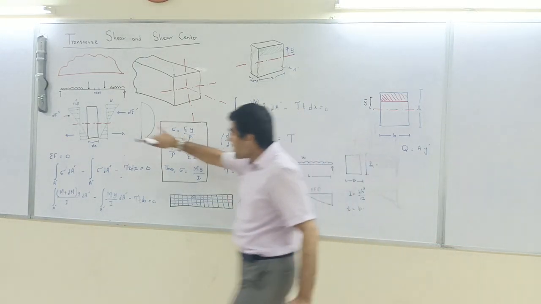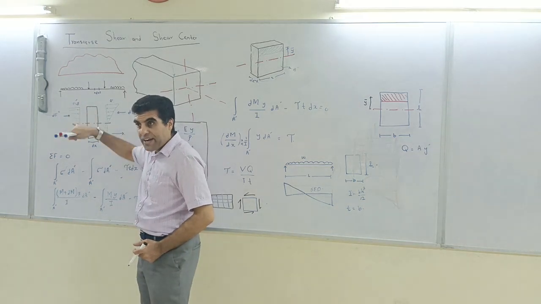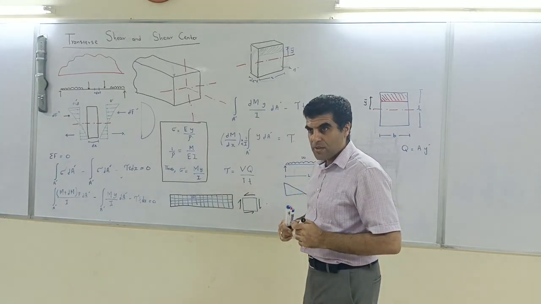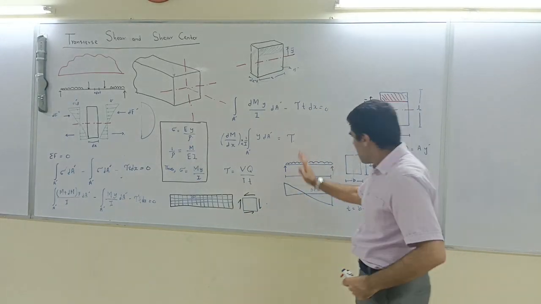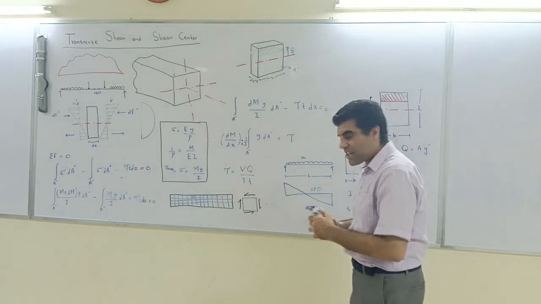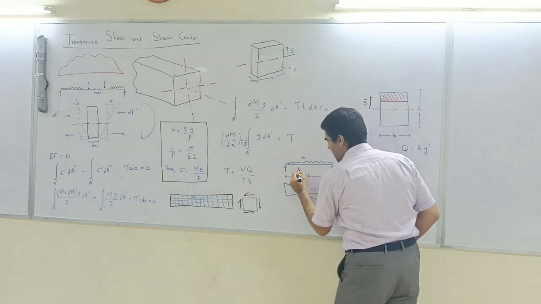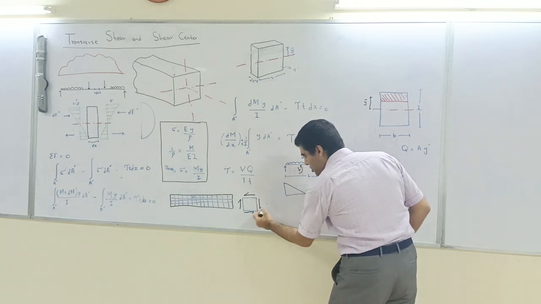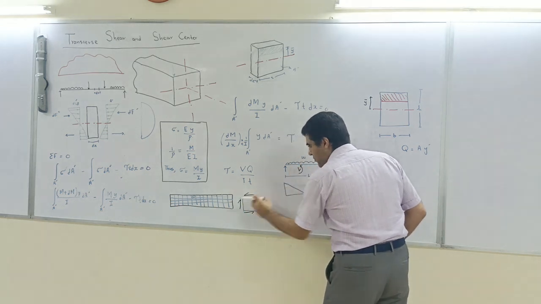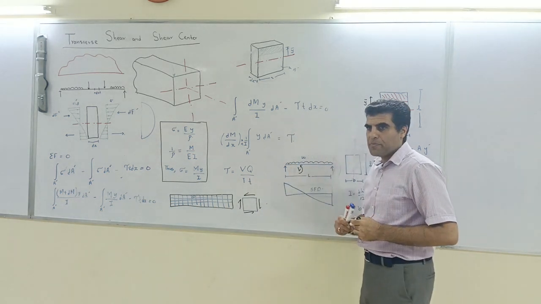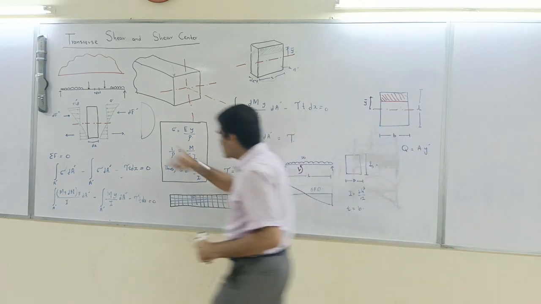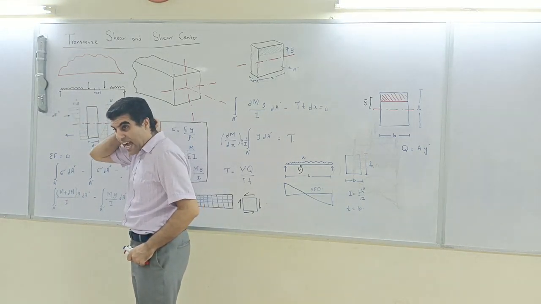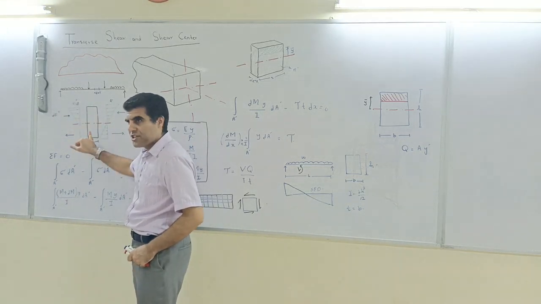This is the horizontal shear, and on the cross section, based on equilibrium, we have a vertical shear. In your mechanics of solids course, you would cut a section, and on the section you would say that there is a moment and shear. This shear comes from the equilibrium of this element. So these are horizontal shears, and correspondingly we have vertical shear on the cross section.